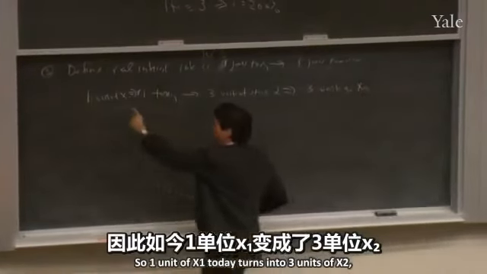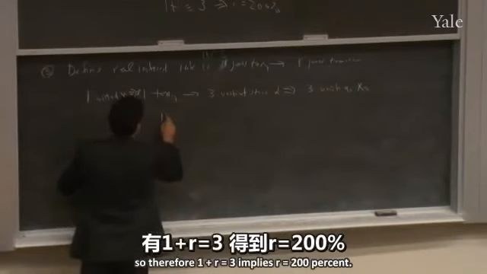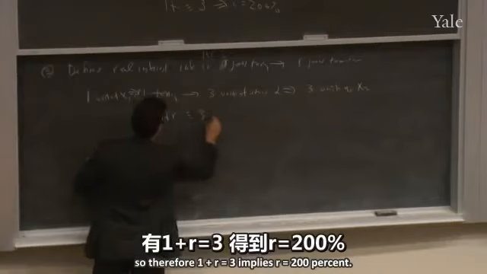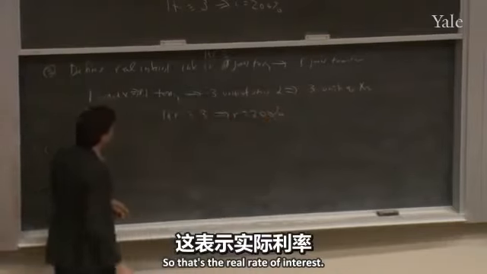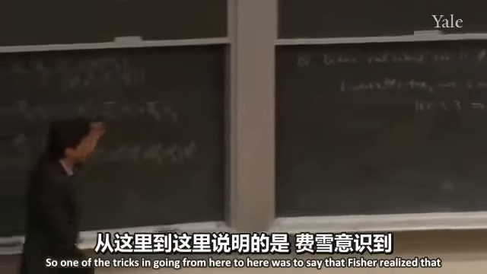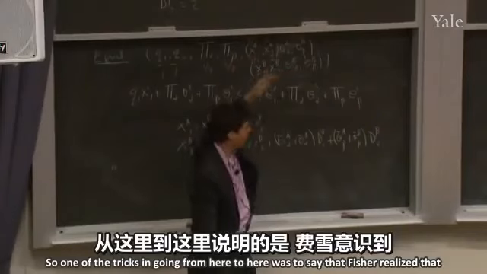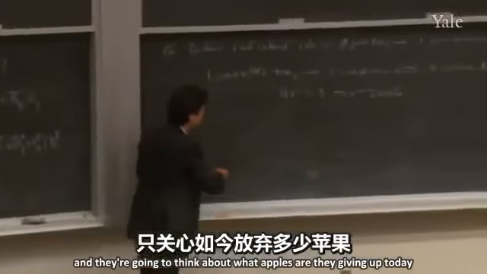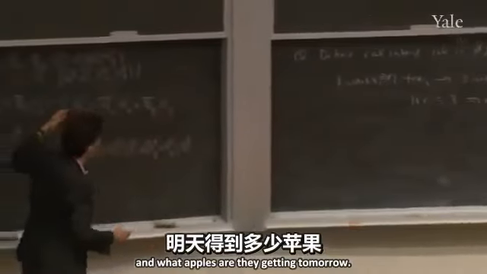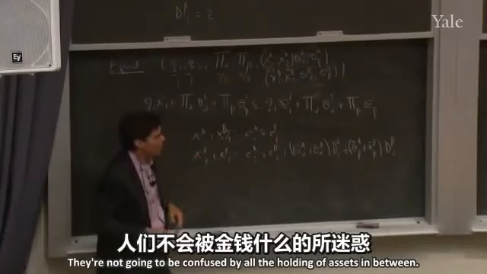So 1 unit of X1 today turns into 3 units of X2, therefore 1 plus R equals 3, which implies R equals 200%. So that's the real rate of interest. One of the tricks Fisher realized is that people look through all the gibberish of money and think about what apples they are giving up today and what apples they are getting tomorrow. They're not confused by all the holding of assets in between.